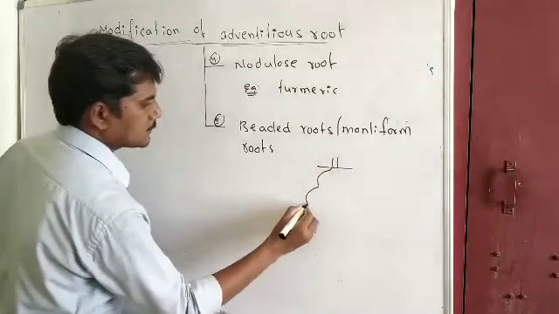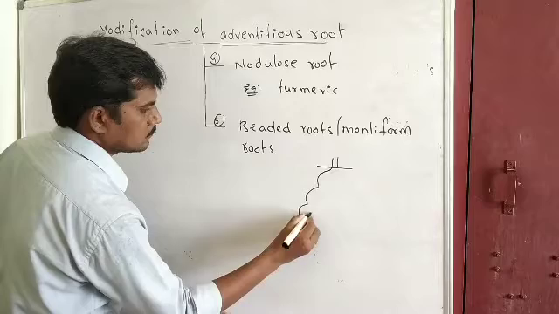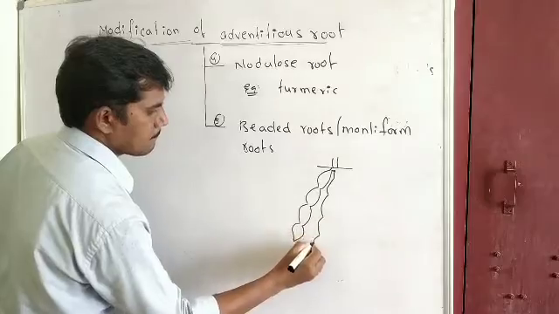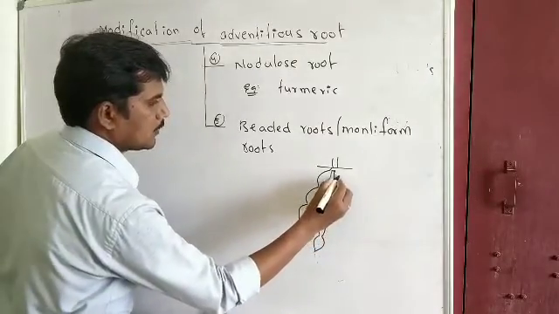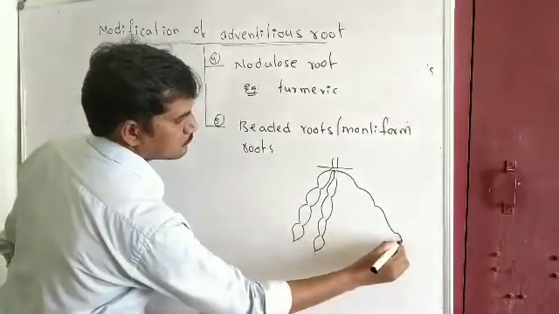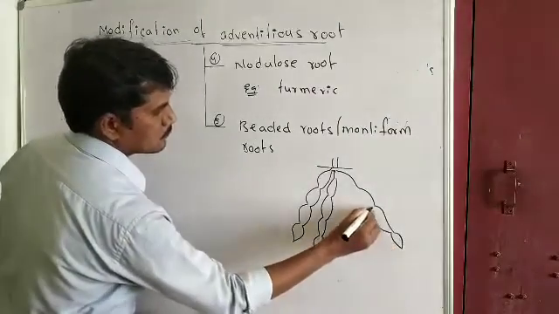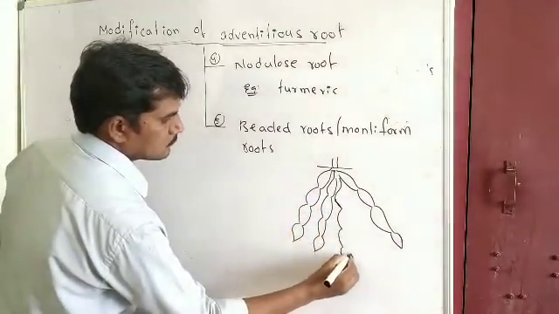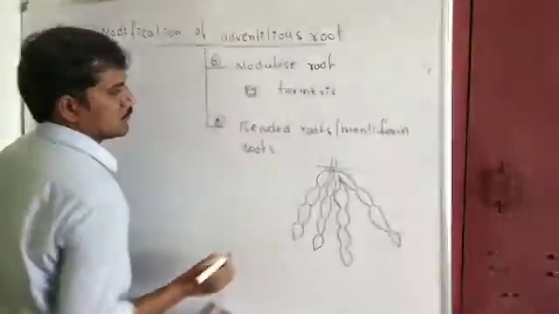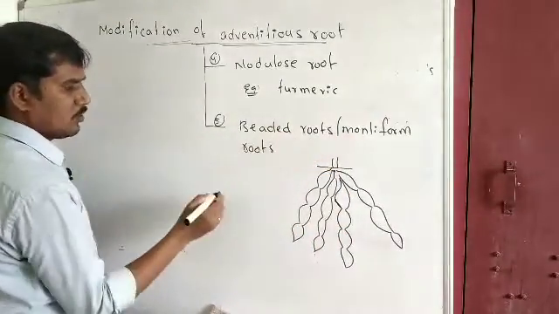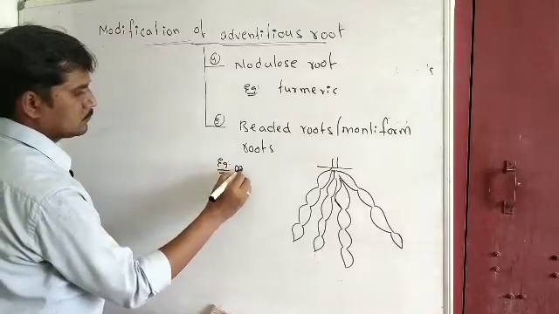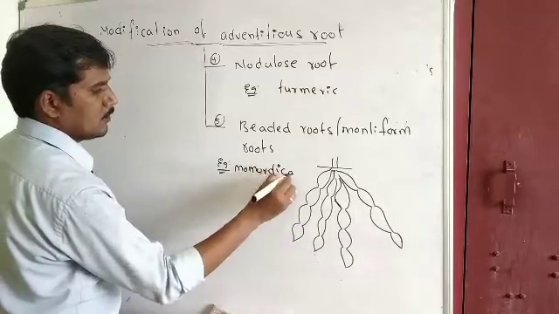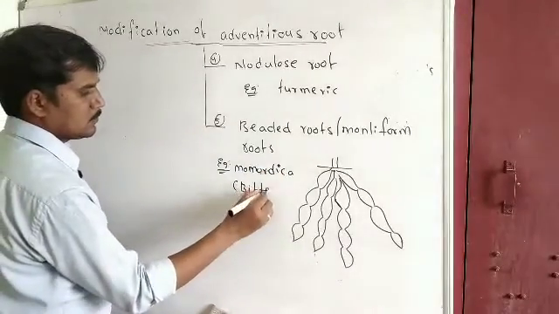They form bead-like structures. So this type of root is called beaded roots or moniliform roots. Example: Momordica, common name bitter gourd.